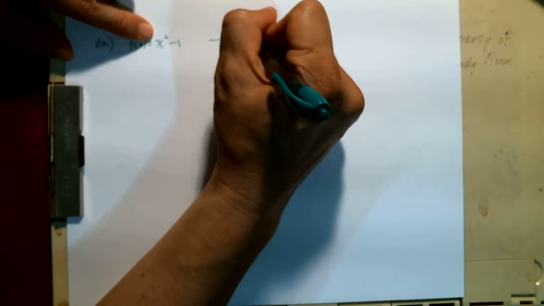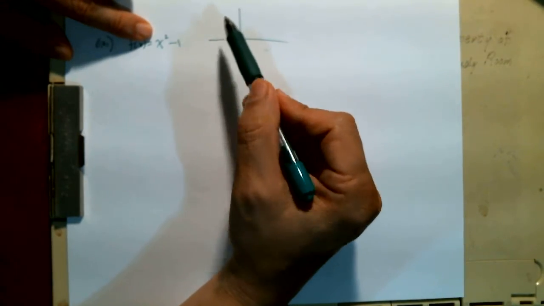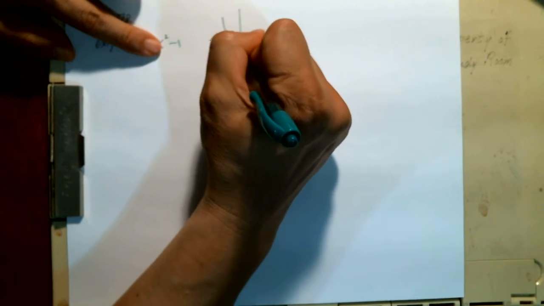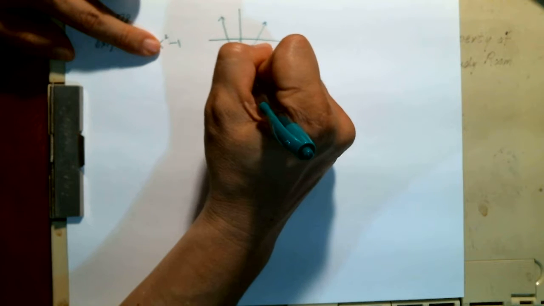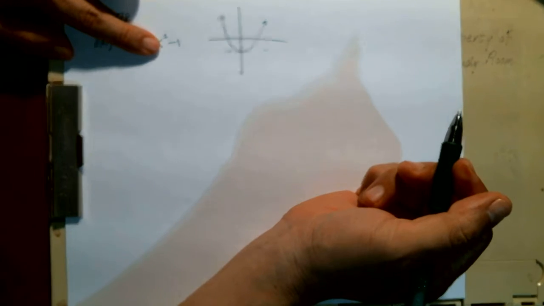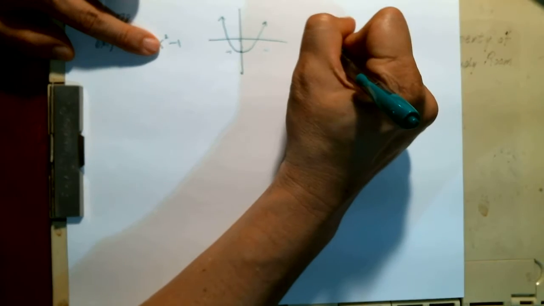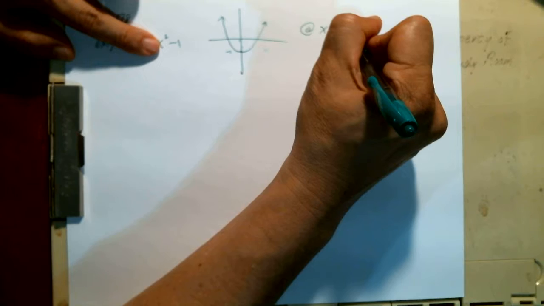y equals x squared is a parabola, goes something like that. And then minus 1 brings it down 1 unit. Make sure you learn to graph these. And so it's going to be minus 1 right over there. And let's say x equals 1.